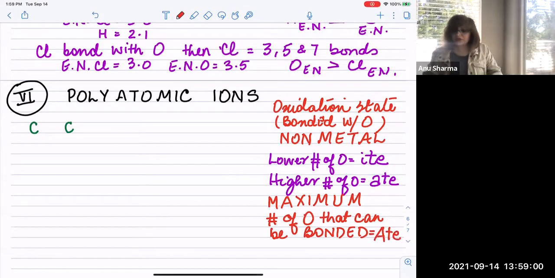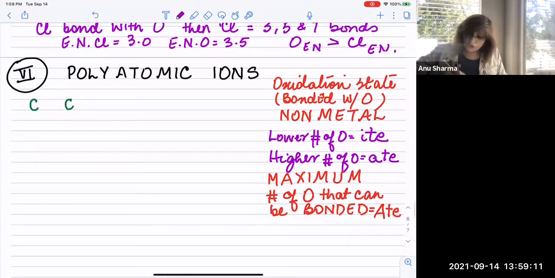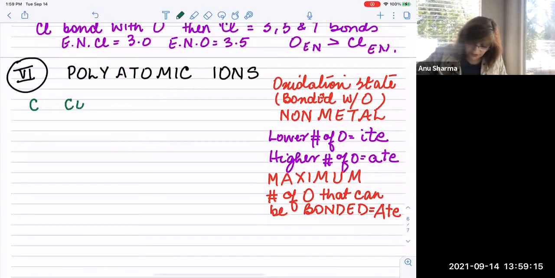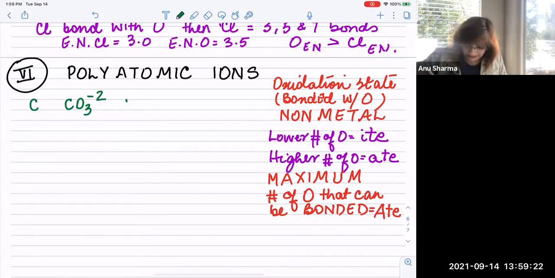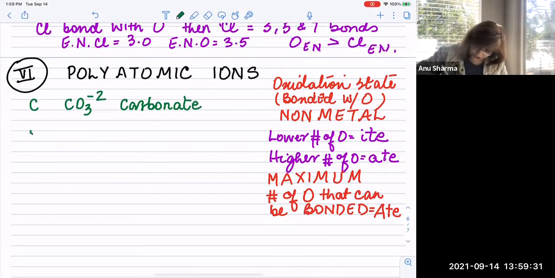So maybe this is a little bit misleading. Carbon, the maximum number of oxygens that carbon can combine is 3. And when it does that, it acquires a 2 negative charge. And the name is carbonate, ATE.